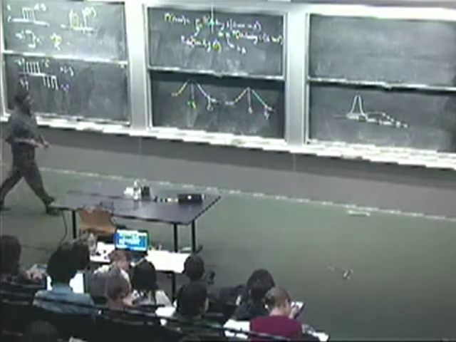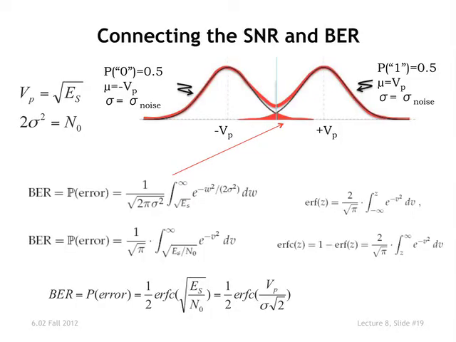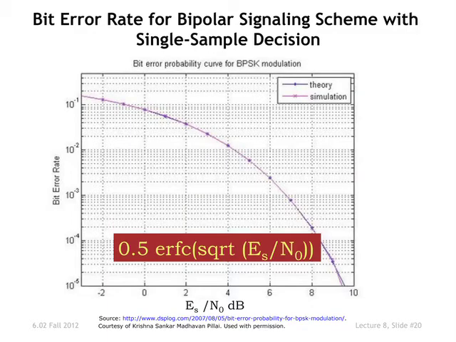And what does this function look like? Well, you can plot it. So that's exactly that computation. This is a simulation and the theory overlaid on each other, but we have 0.5. This function is called the complementary error function. The C is for complementary, ERF is for error function. And here's the square root of ES over N0, which we had in the previous expression.